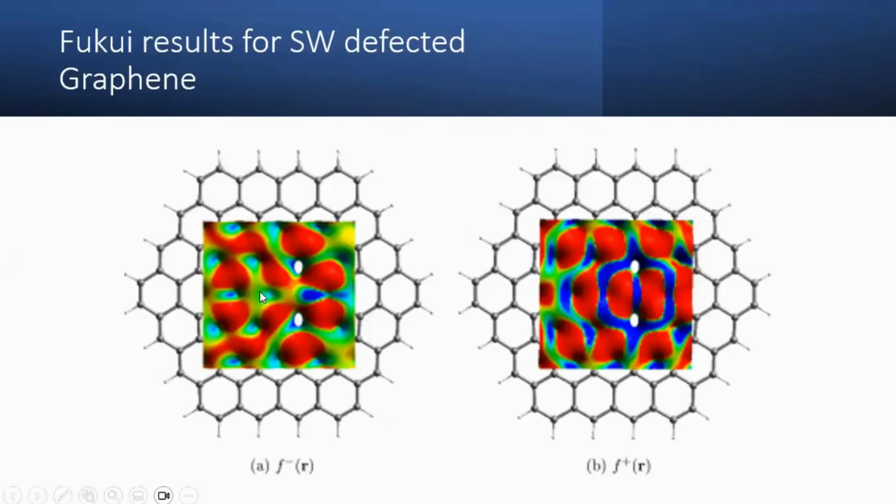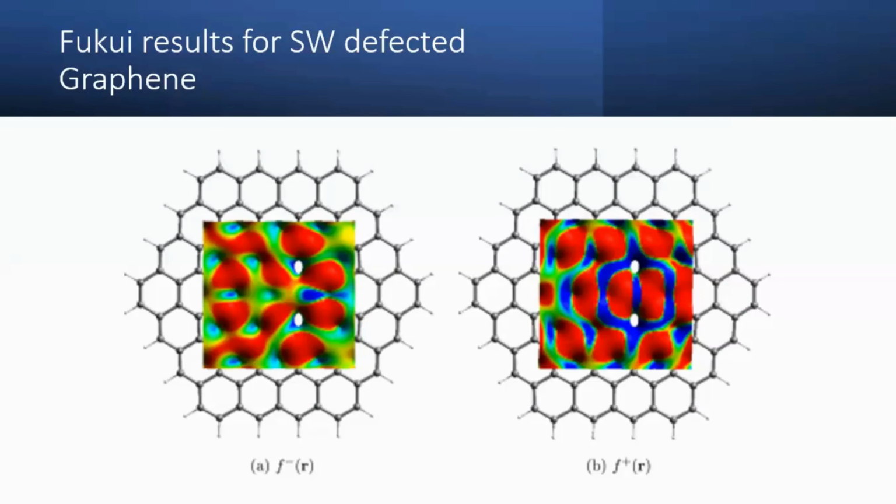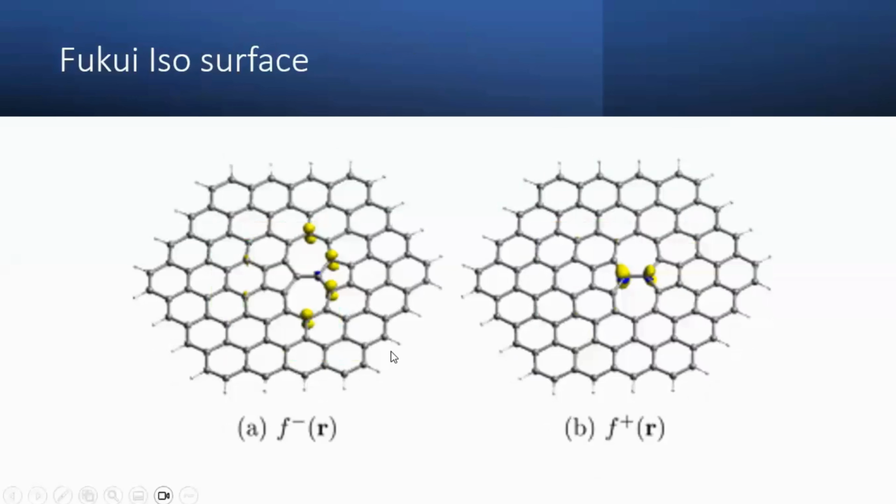And here we can see the Fukui negative. That means after the removal of the electron, here you can see where the maximum changes occur, and after the electron addition, where the maximum changes occur. To make it very clear, this is the Fukui colored isoplot. If we plot the Fukui isosurface, here we can see clearly there are no changes at the other portions compared to this portion.